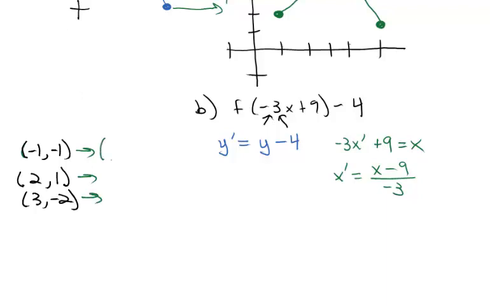We subtract 9 and divide by negative 3. So -1 minus 9 is -10. Divide by negative 3 makes it a positive 10/3. 2 minus 9 is -7. Divided by negative 3 is positive 7/3. 3 minus 9 is -6. Divided by negative 3 is positive 2.